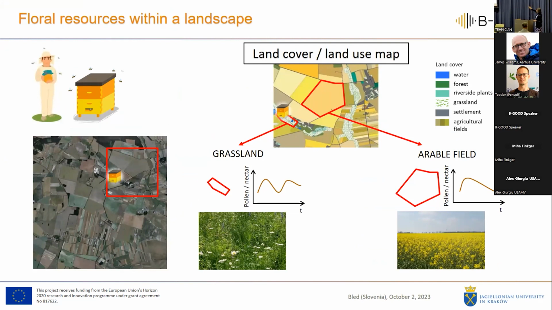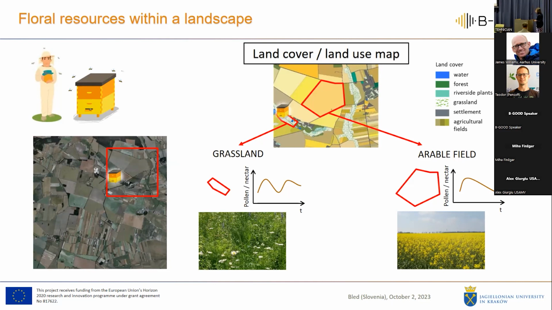This is a landscape in Poland, and you see a land use map of a small portion of this landscape, not the whole one, but just a part. And then again, imagine that we want to have a beehive somewhere there, and we look up what kind of resources we have around. So I marked 2 polygons on this land use land cover map for you. One is a grassland, and another one is an arable field.